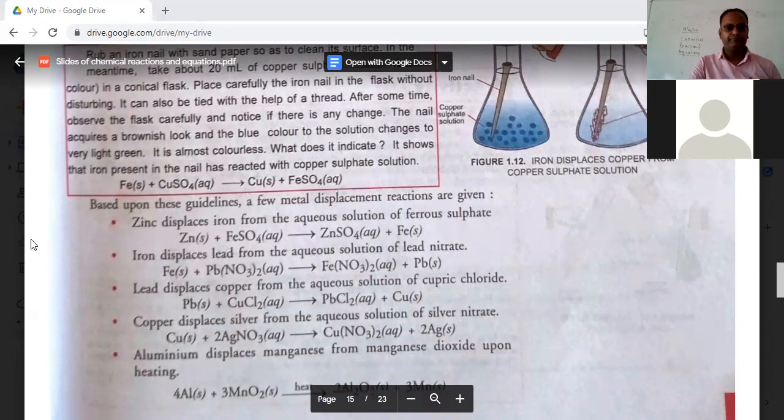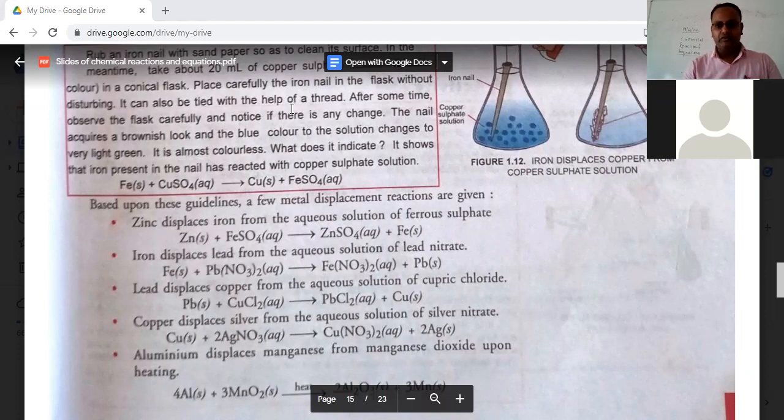Okay, very good. Yes, in the first reaction, zinc is displacing iron. Very good. All the students have given the correct answer.